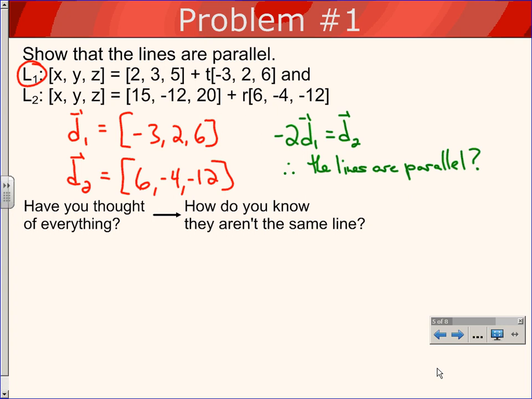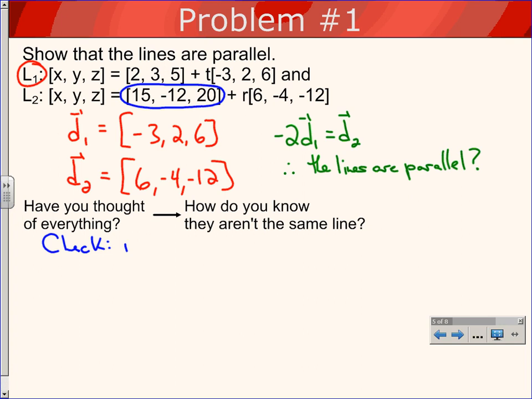So that means this point right here, 15, minus 12, 20, it's definitely on line 2. If it's also on line 1, then we must have the same line, right? I know now if the direction vectors are multiples of each other, I know that the 2 lines are either parallel or the same. So now I'm just checking to see if they're the same.